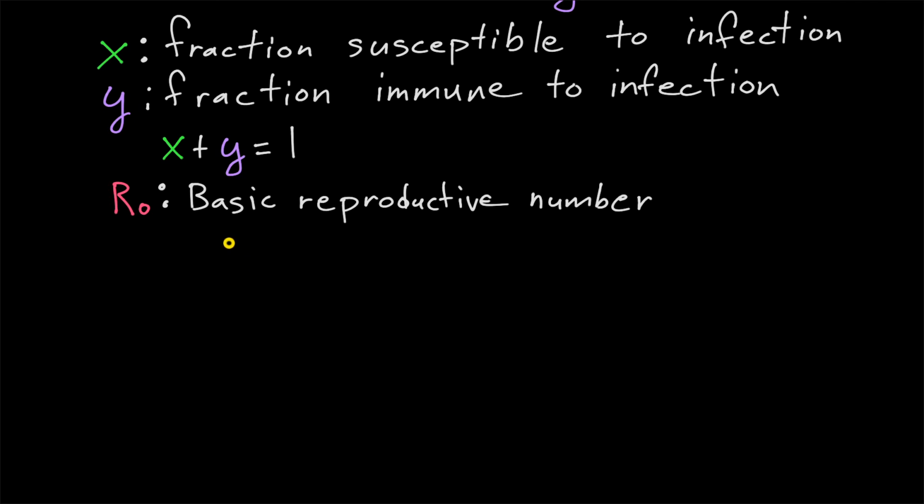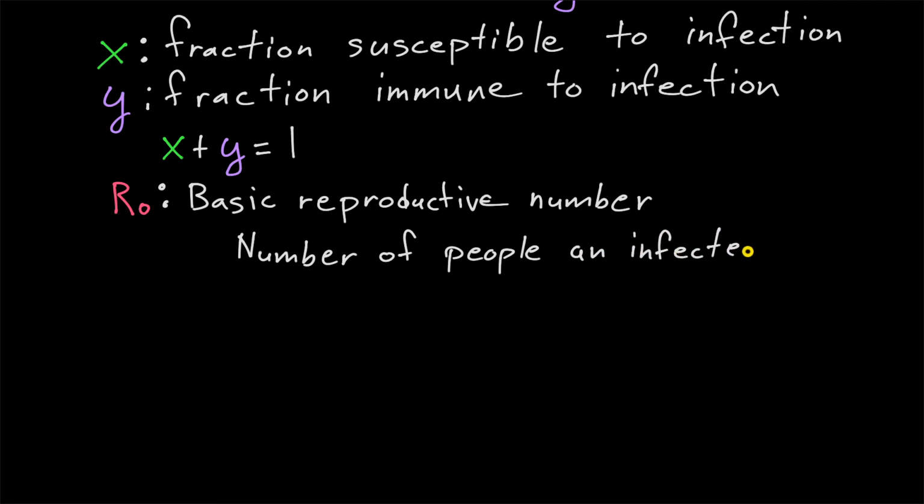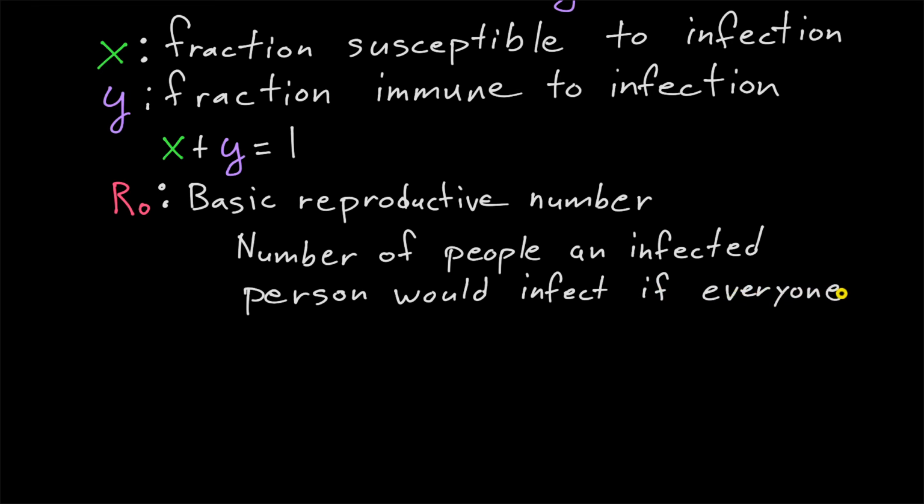Well, the basic reproductive number is the number of people an infected person would infect if everyone was susceptible.